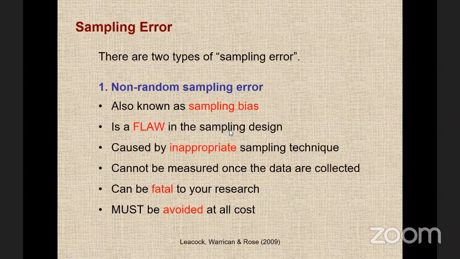And we need to know that because there's a possibility that a study may have errors. You want to think about the 2 types: non-random sampling error and random sampling error. Non-random sampling error is when you have a problem in how you design your research.